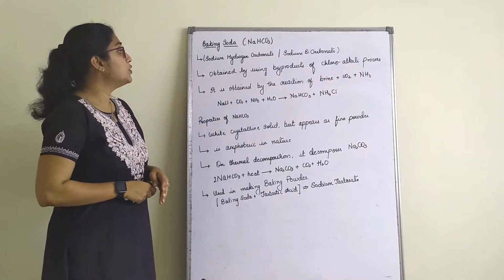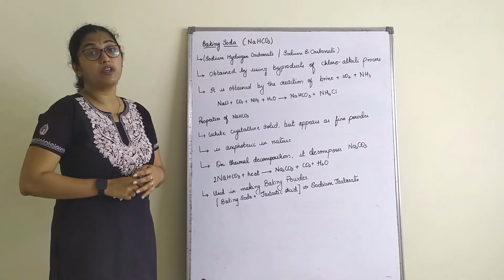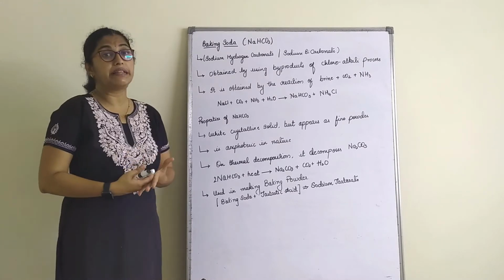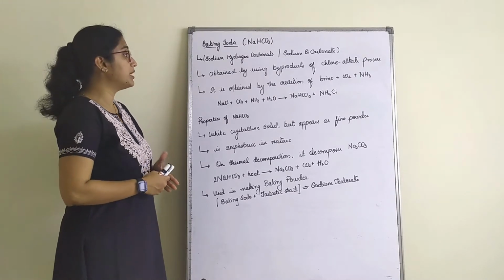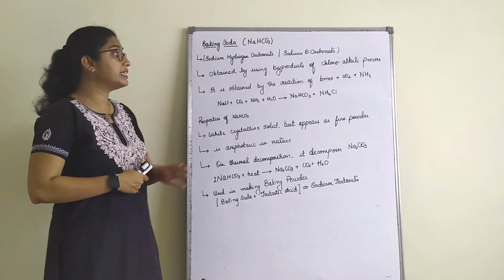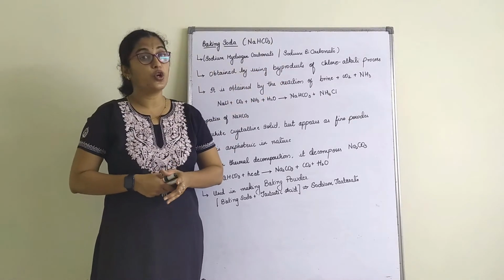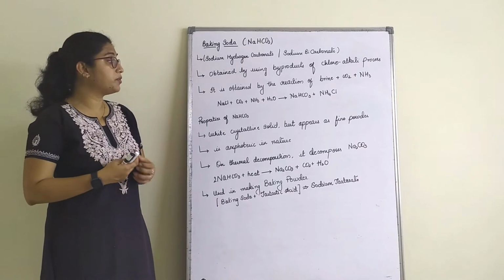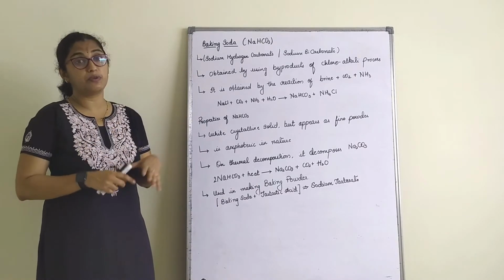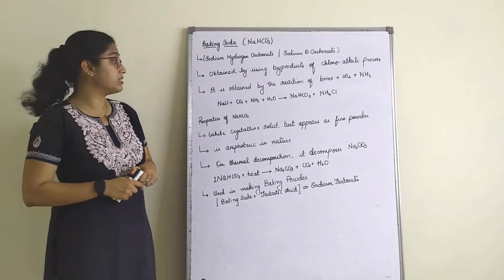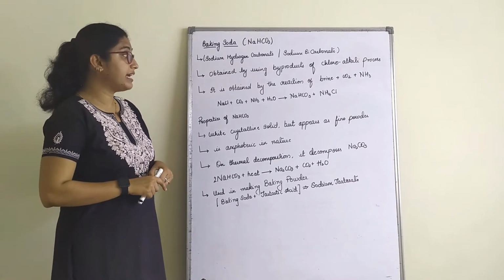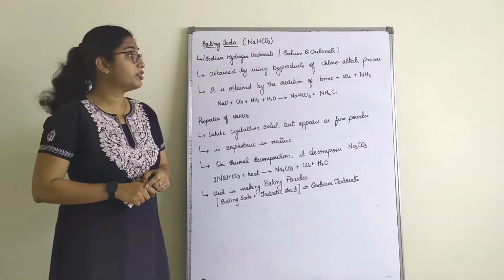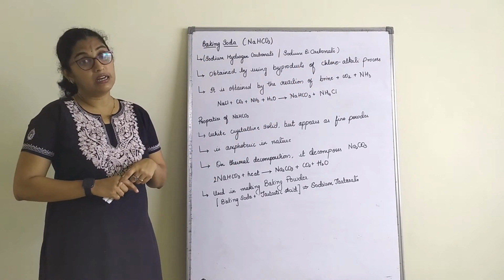So, sodium hydrogen carbonate, or sodium bicarbonate, or commonly baking soda, is obtained using the byproducts of the chloroalkali process. It is obtained by the reaction of brine plus carbon dioxide plus ammonia.